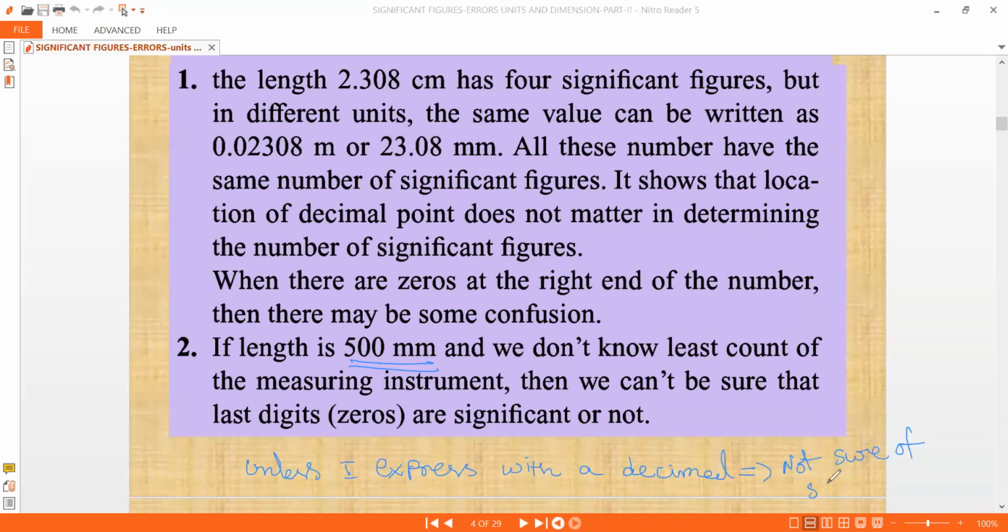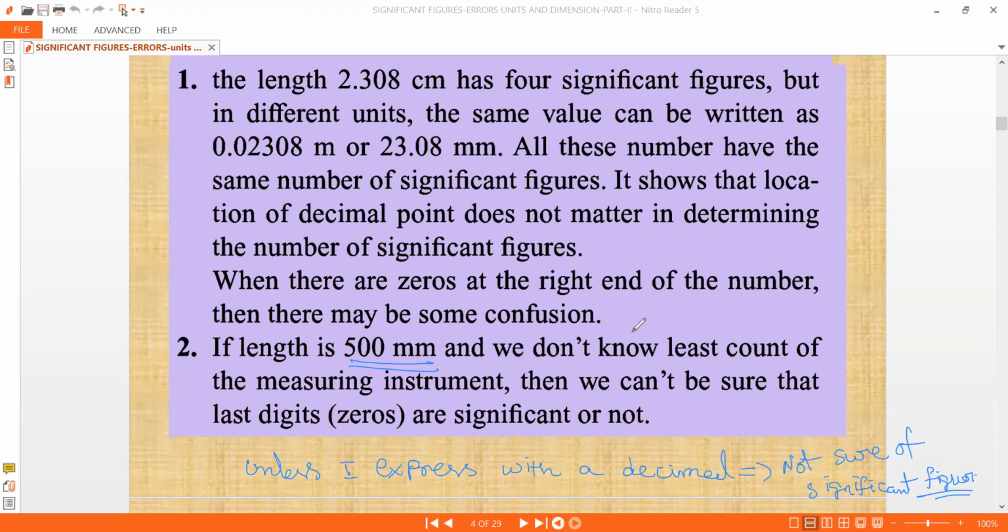When you are taking a measurement, you're supposed to give it with the decimal. Then that only will tell how confident you are.